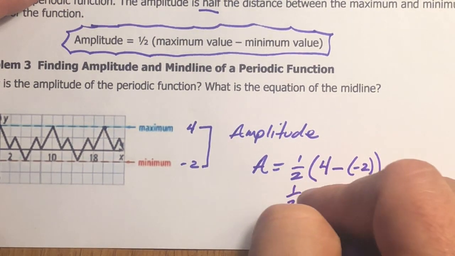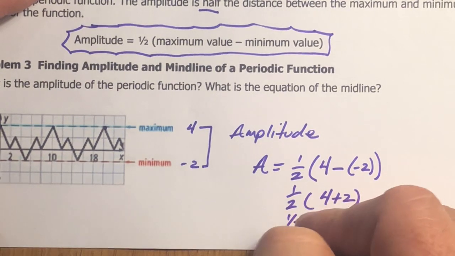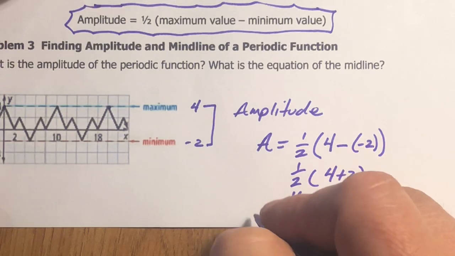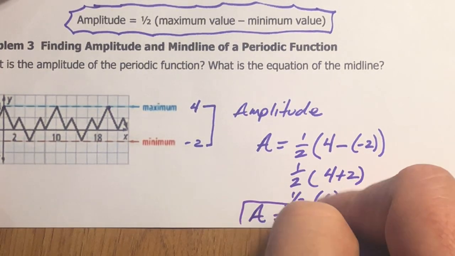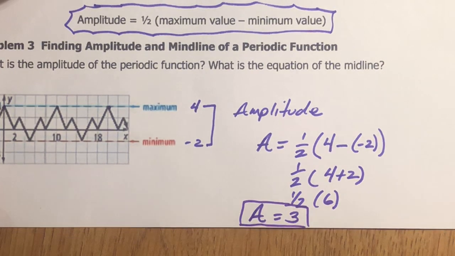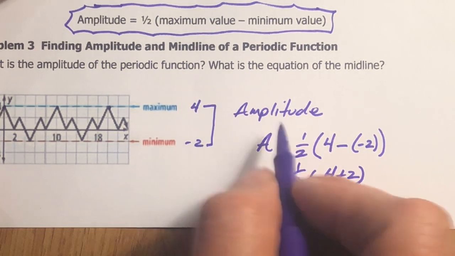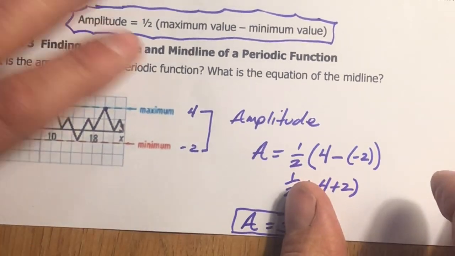So this is going to be 1/2 times 4 plus 2, so 1/2 times 6. In this case, my amplitude is 3. If this distance is 6, my amplitude is half that. So the amplitude would be 3. Easy.